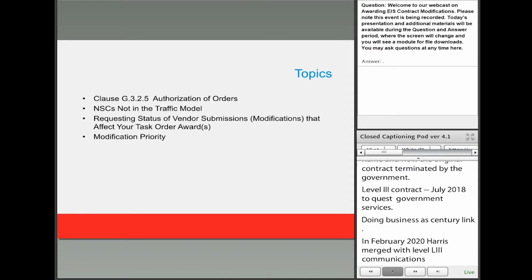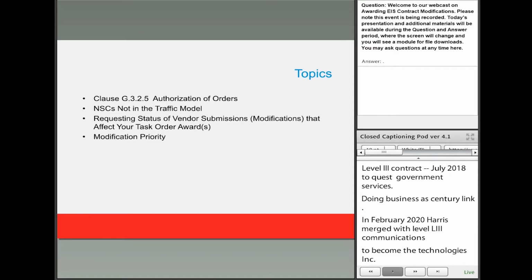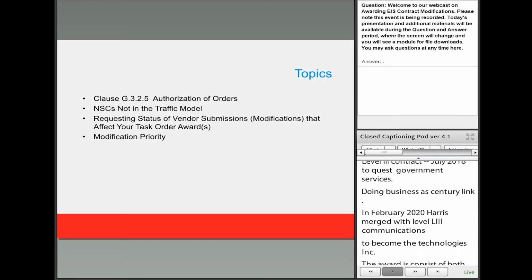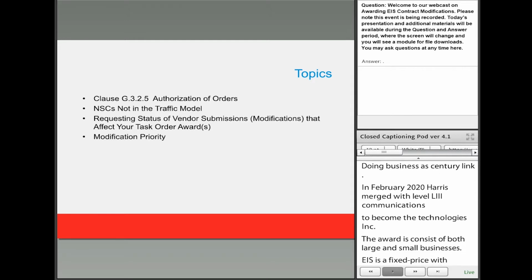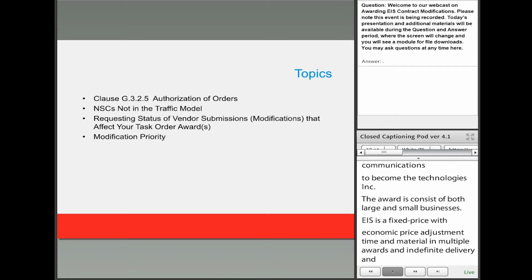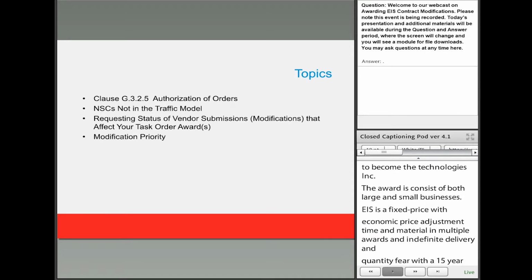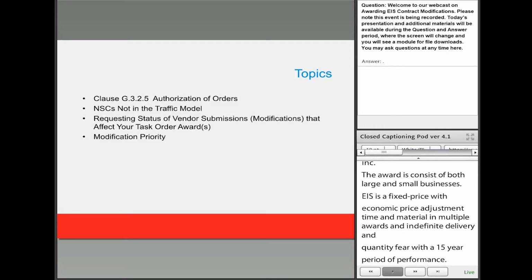EIS is a fixed price with economic price adjustment, time and materials, multiple award, indefinite delivery, indefinite quantity, IDIQ, contract, with a 15-year period of performance. The POP consists of a base period of 5 years and 2 5-year option periods that include a price refresh tied to the Bureau of Labor Statistics indices.